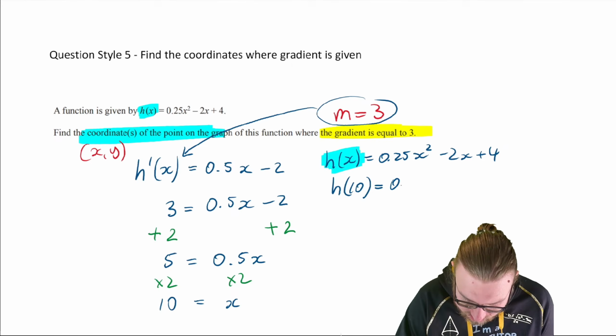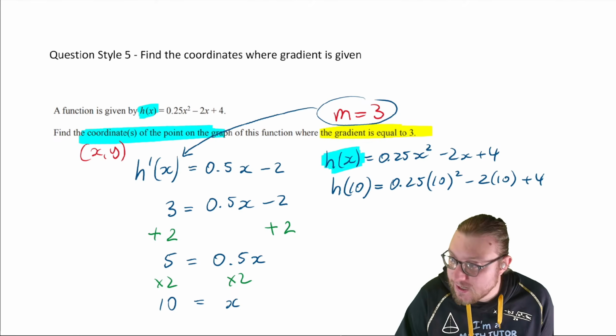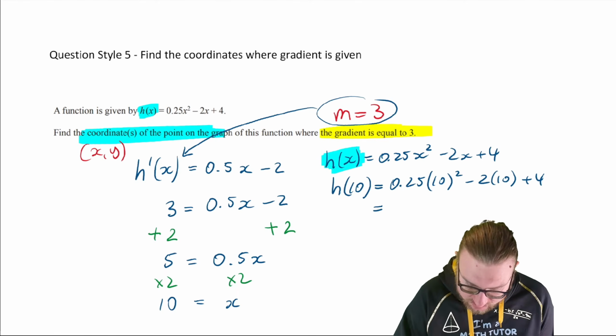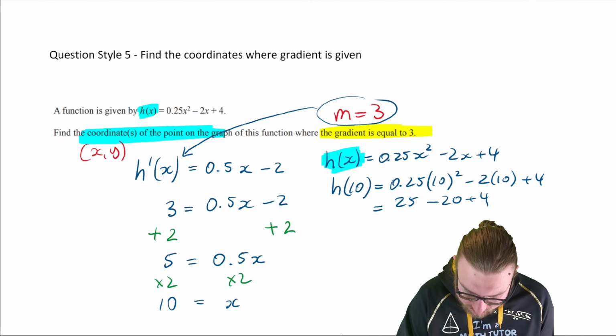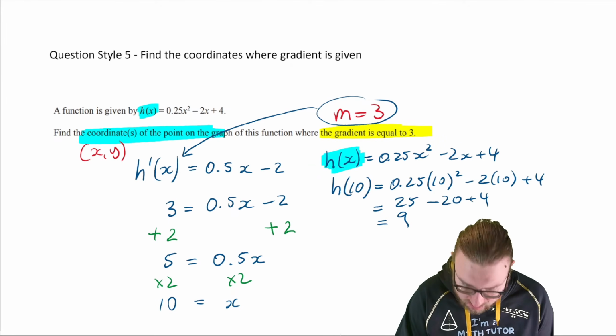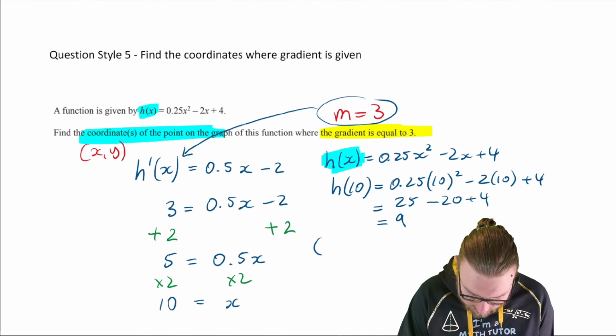So we're going to substitute in 10 in order to find this. And again, you guys have a calculator, so you can just do that. So this is going to be 25 minus 20 plus 4 is equal to 9. So we have found that the value for y is 9, and our final answer would be (10, 9).